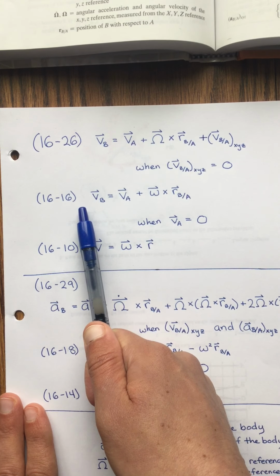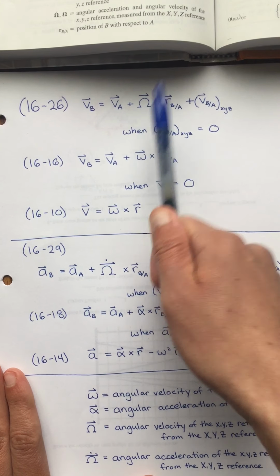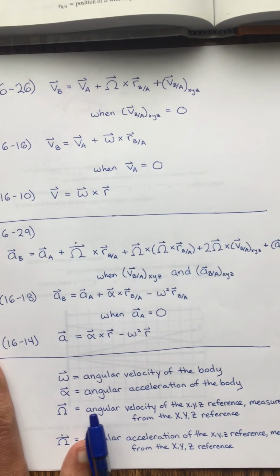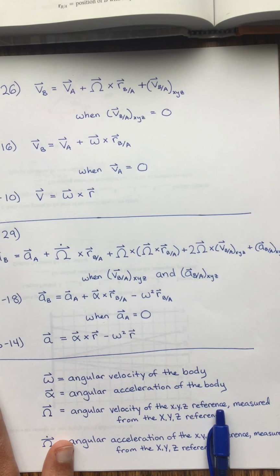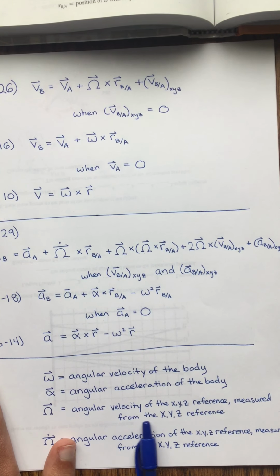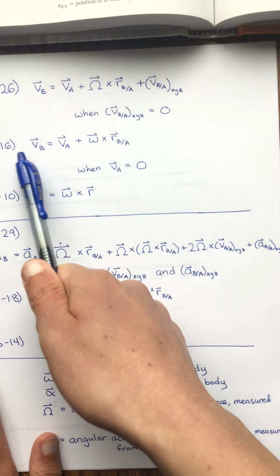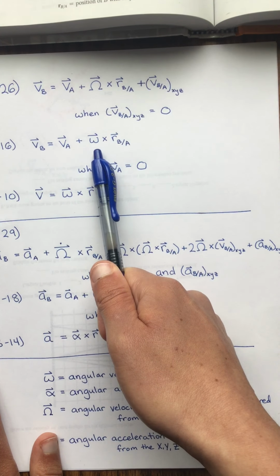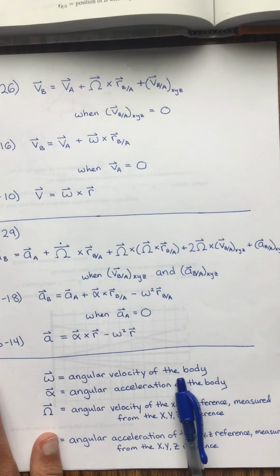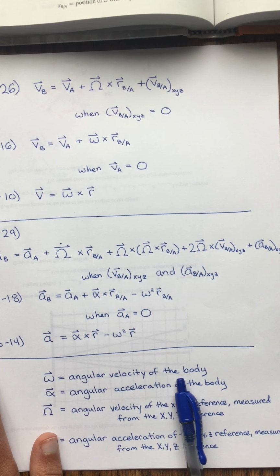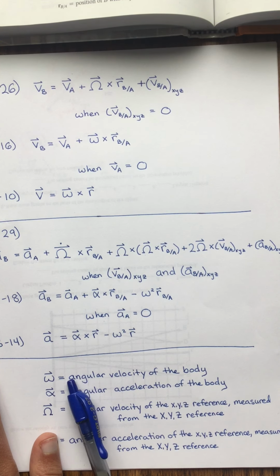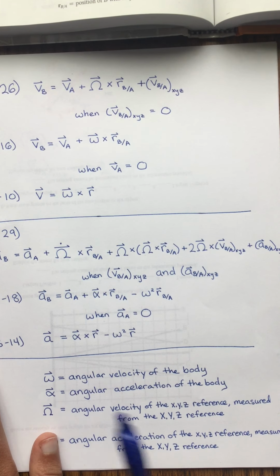equation 1616. This angular velocity is the angular velocity of the lowercase xyz reference frame measured from the capital XYZ reference frame. And in equation 1616, we had the angular velocity of the body, and we could choose our coordinate system so that the lowercase omega and the capital omega are the same.